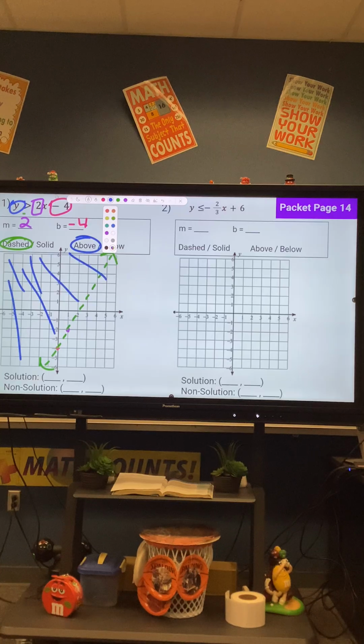You gonna give me a solution? Just name any point that's in this area. So just find one.